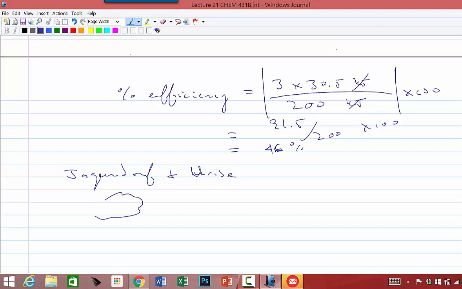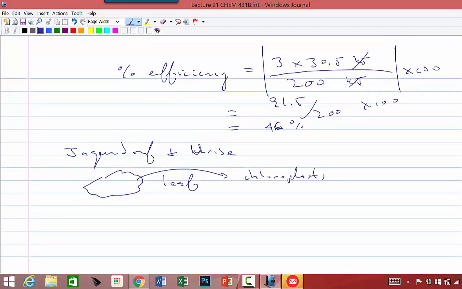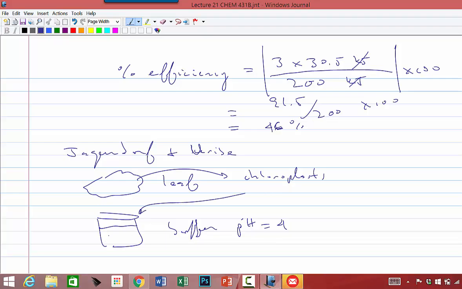So here's a leaf. Then they isolated the chloroplasts, and they would put those chloroplasts in a buffer. So we'll just take a little beaker here, and here's a buffer. The pH of that buffer would be pH 4. So here's our buffer, here's our chloroplasts.